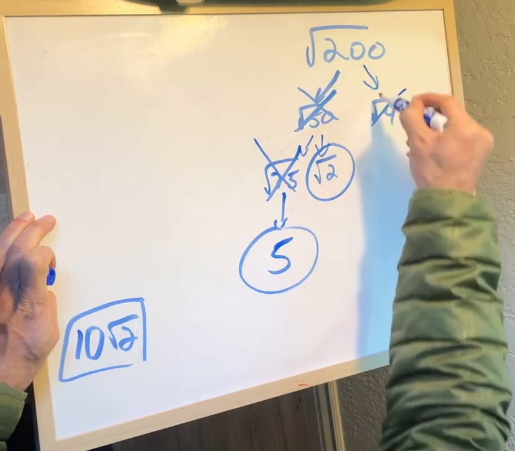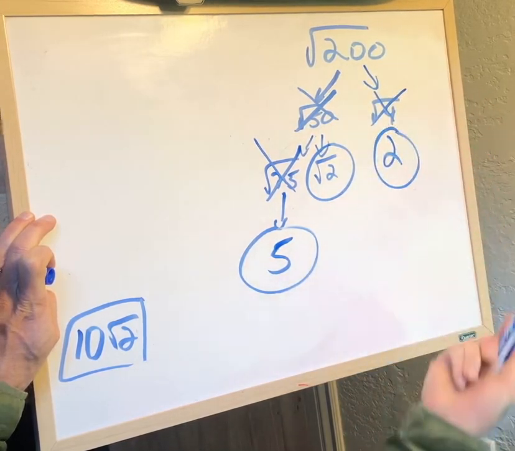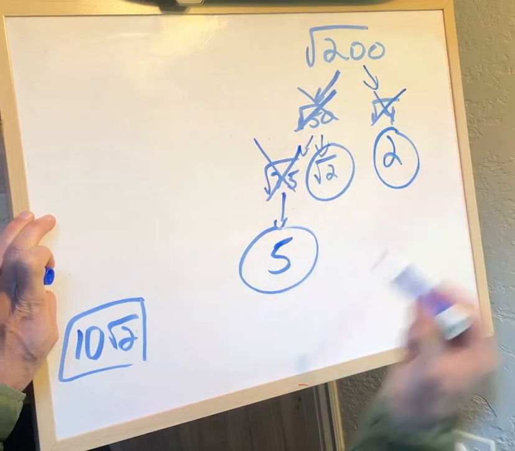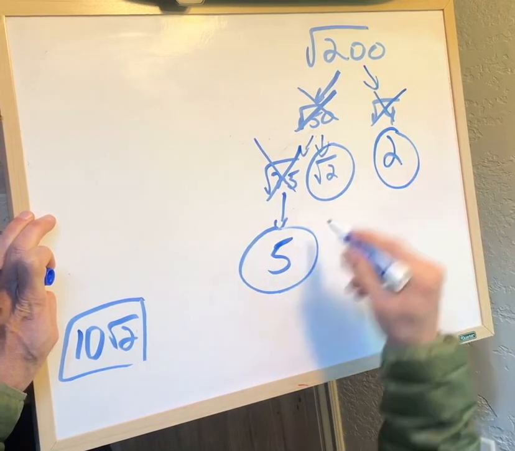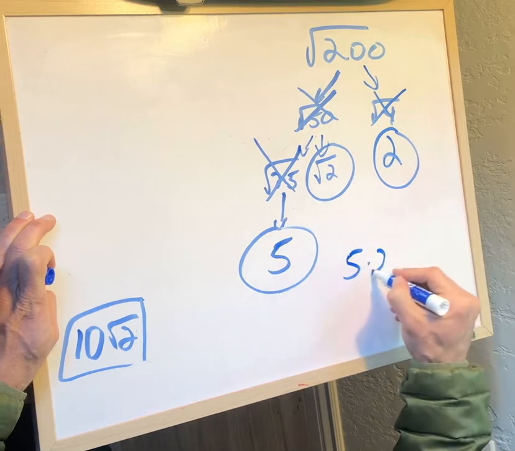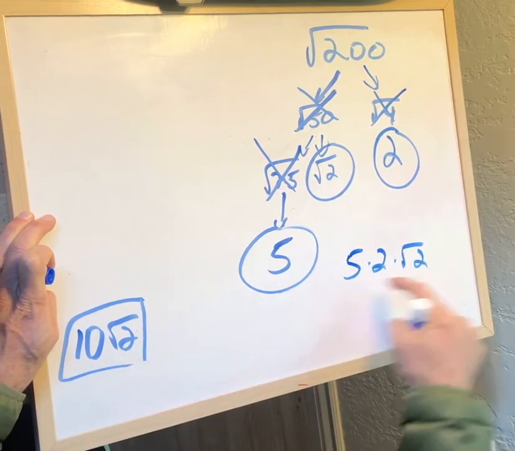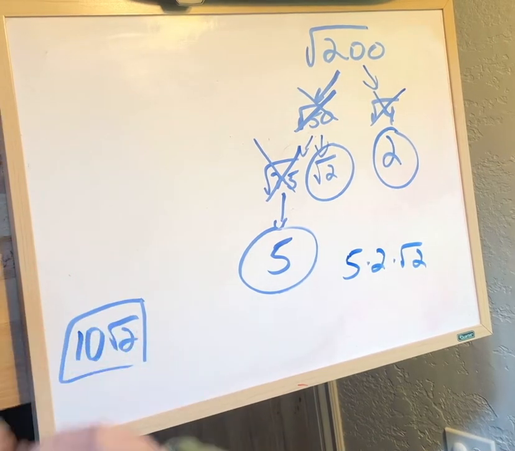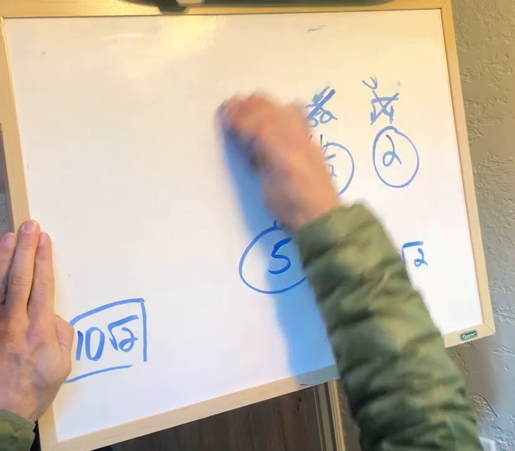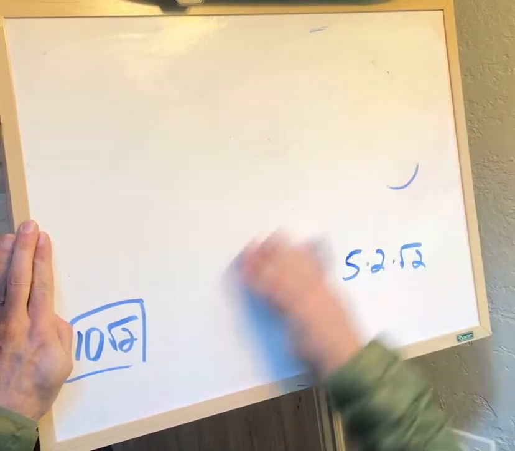Square root of 4 is a whole number of 2. After you've crossed off everything, you multiply everything you circled. 5 times 2 times root 2. 5 times 2 is 10 with the root 2. It doesn't matter what numbers you use. All right, I want you guys to try square root of 32.